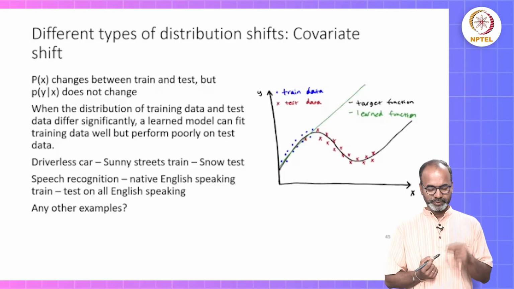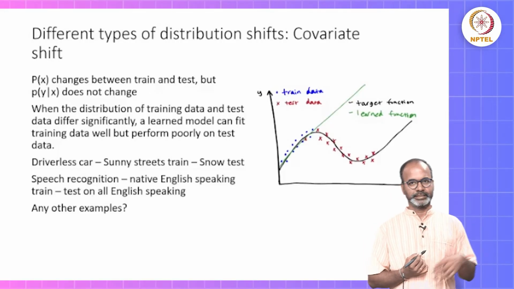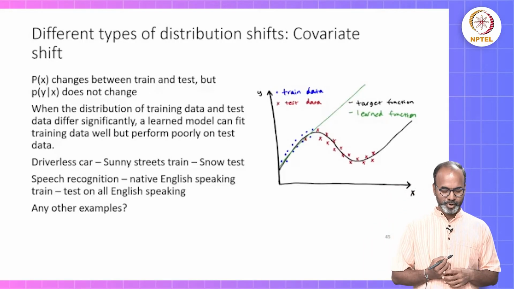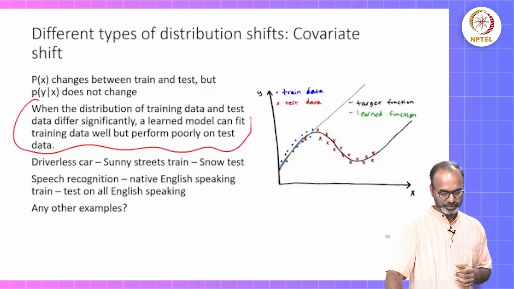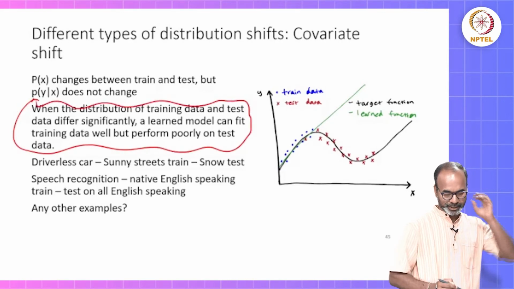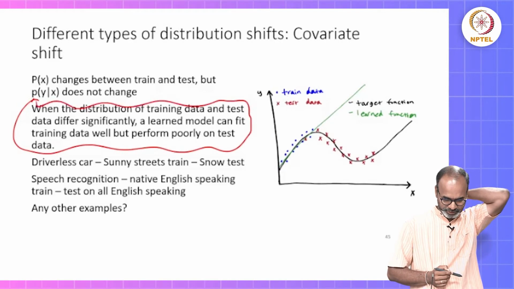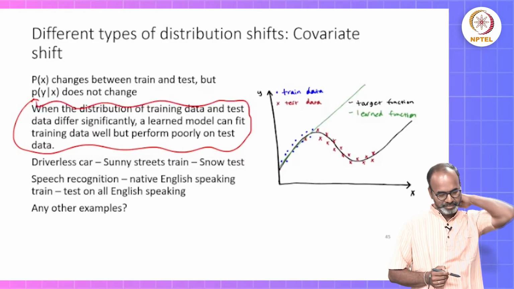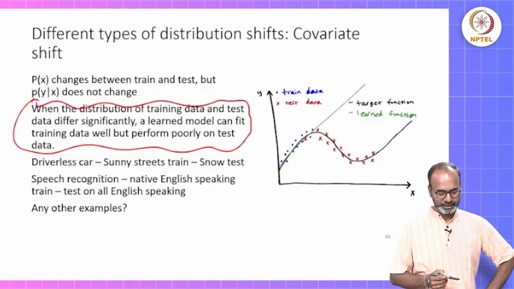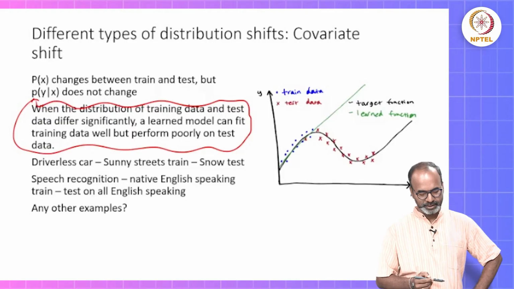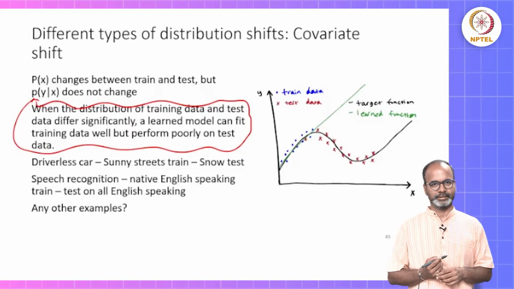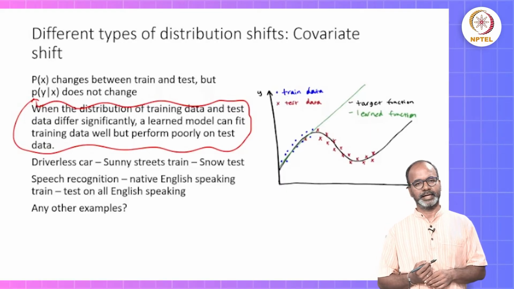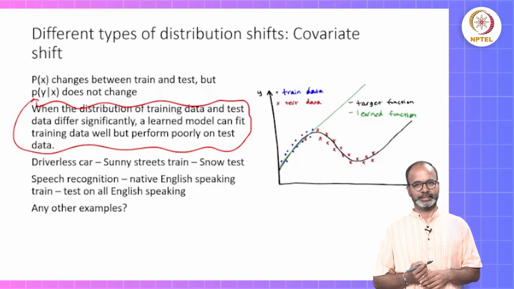When the distribution of the training data and the test data differs significantly, a learned model can fit training data well, but perform poorly on the test data. I think this line is probably applicable for all types of distribution shifts. Here is an example that we said: a driverless car trained on sunny streets, but snowy is the test phase.